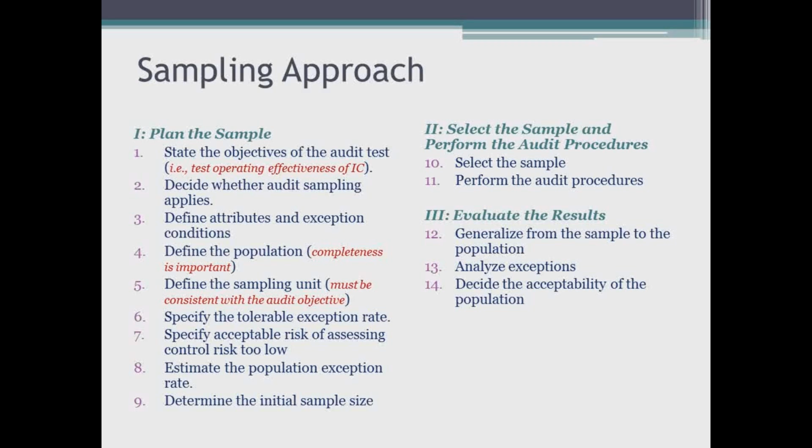You'll see that it lists the client, what the audit area is, the date, the year end, what the population size is, and it defines what the objective is. In this case, the objective is to examine duplicate sales invoices and related documents to determine whether the system has functioned as intended and as described in the audit program.